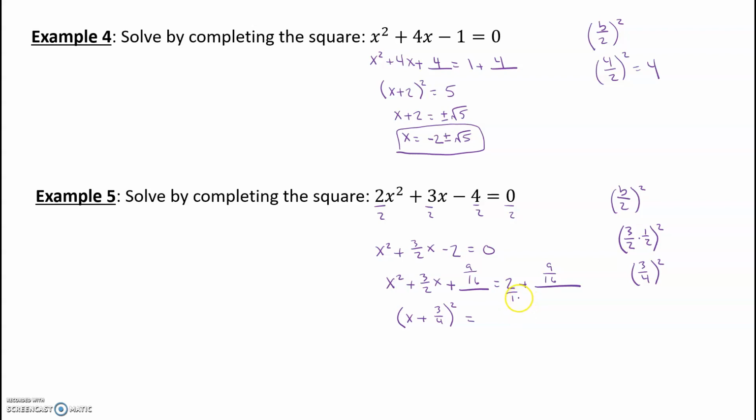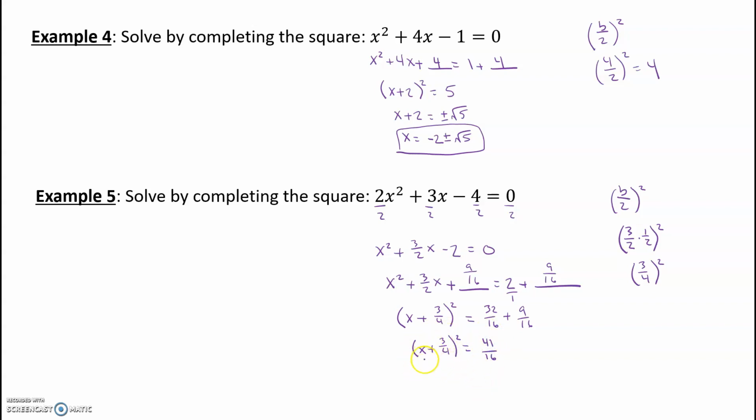So we're going to multiply top and bottom by 16, so you get 32/16. All right, that's 2. Plus 9/16. Now we can add. So I'm going to leave this alone for now. Take a square root in a minute. So we got 9 plus 32 is 41/16.